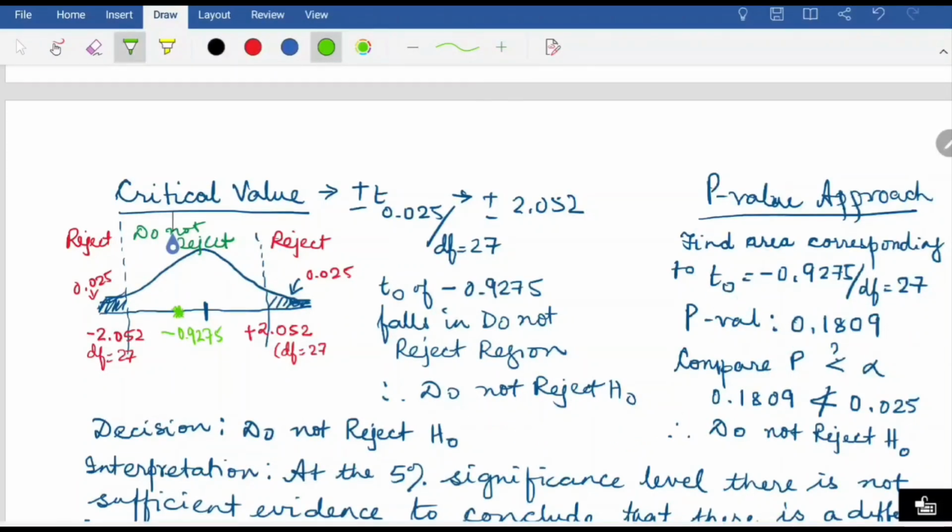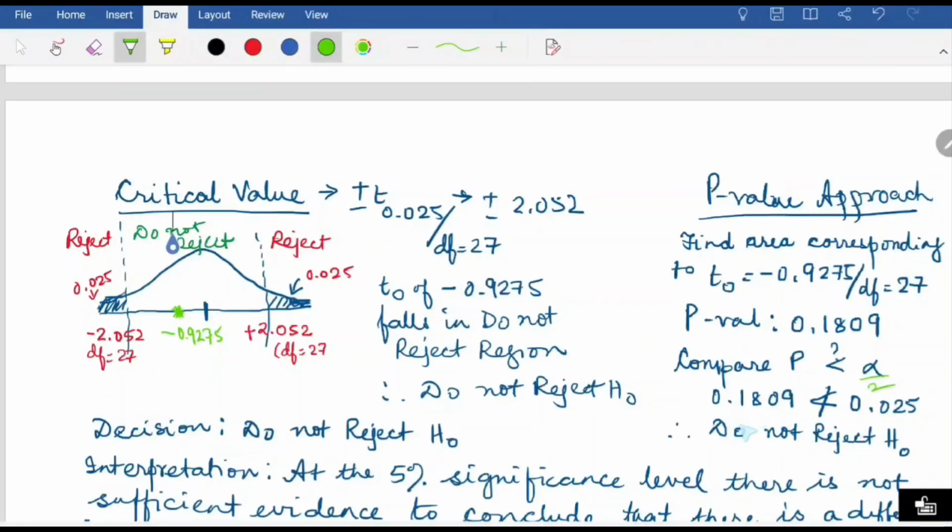And then for the p-value approach, we have a p-value of 0.1809. Just multiply that by 2 because it's a two-tailed test, and only then compare with alpha. So it has to be either 2 times 0.1809 compared with alpha, or you can just find the p-value on one side and compare with alpha by 2, like we've done here in this case.